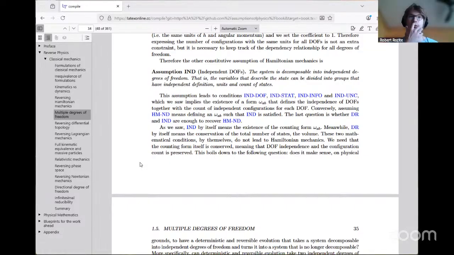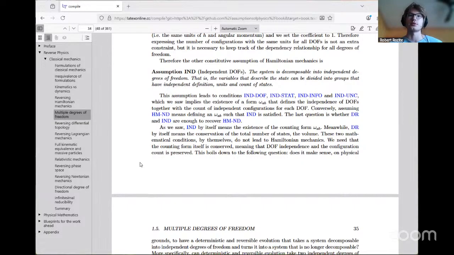This assumption leads to conditions, degrees of freedom, statistics, information, uncertainty, which we saw implies the existence of a form omega AB that defines the independence of degrees of freedom together with the count of independent configurations for each degree of freedom. Conversely, assuming HM and D means defining an omega AB such that ID is satisfied.